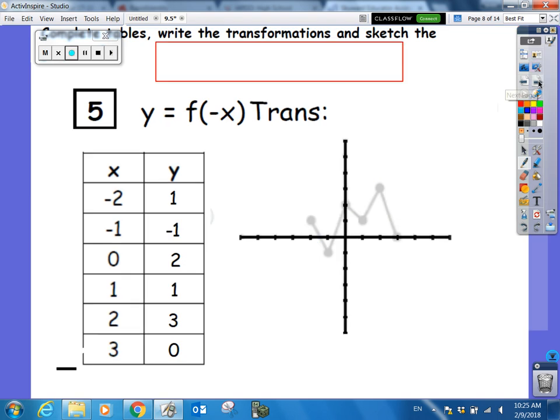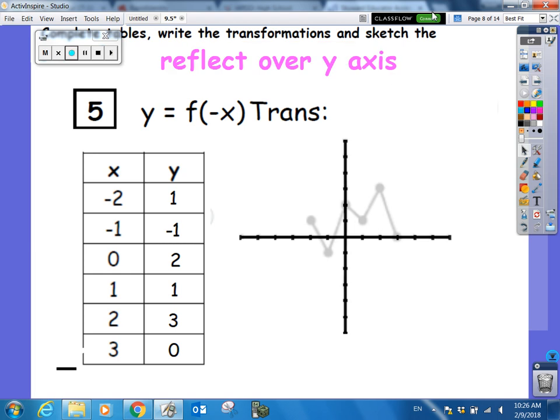All right, negative x. This is the one that's maybe a little bit new to you. We really haven't, especially in this class, we haven't ever reflected over the y-axis. We've always reflected over the x-axis. So when it's in, it's a reflect over the y-axis. Okay, here's the y-axis. If we reflect over the y-axis, that means the x values are changing.